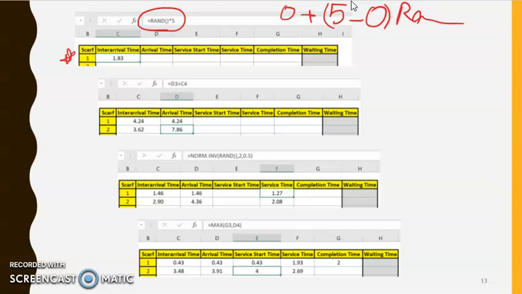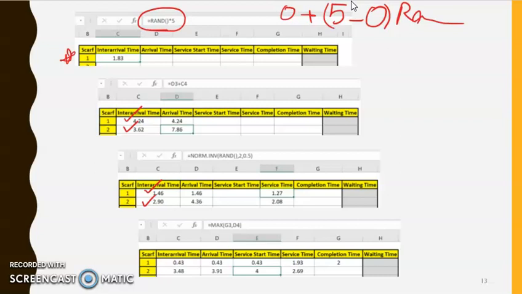So the number that you see here is exactly the same. They are generated with the same formula. Or here, for example, inter-arrival time. The reason they are different is because Excel refreshes itself continuously unless you freeze it.